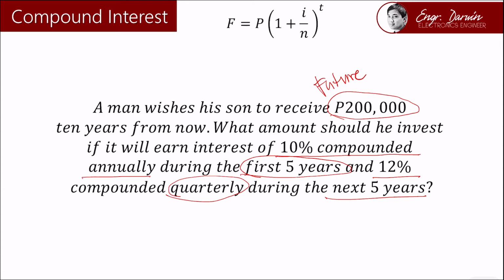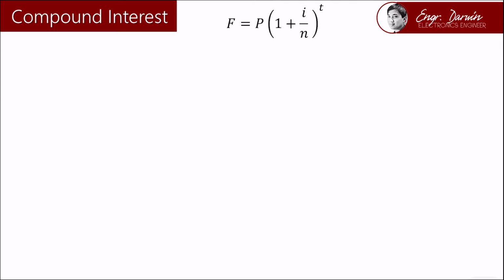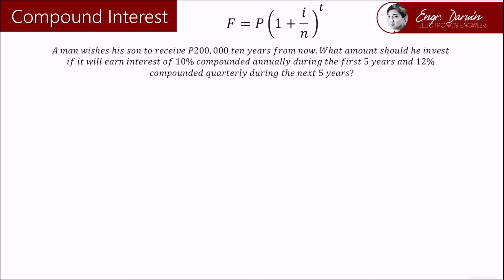What can we do about this information? Let me introduce to you what you call a cash flow diagram. So how can we use this to plot the problem? Okay.